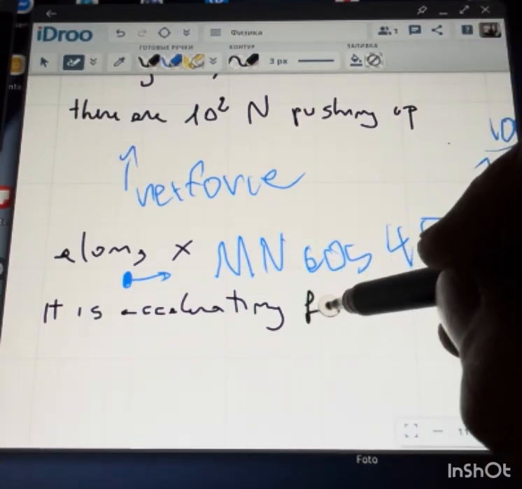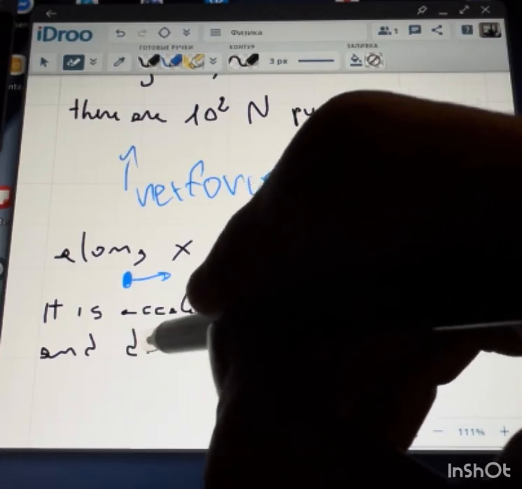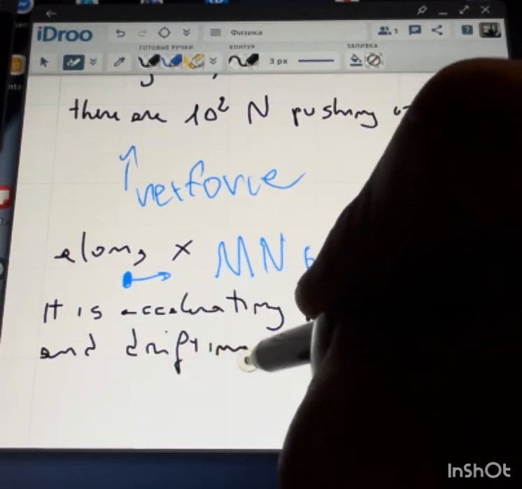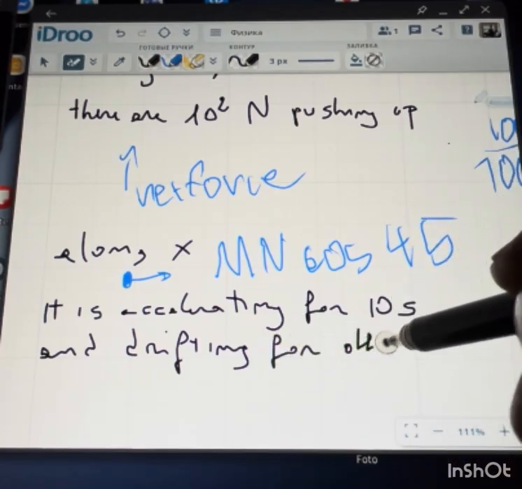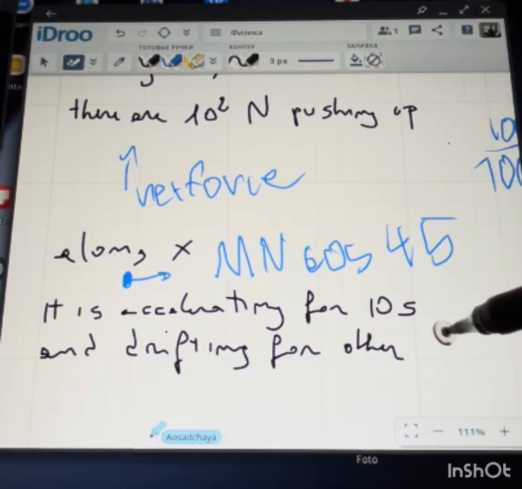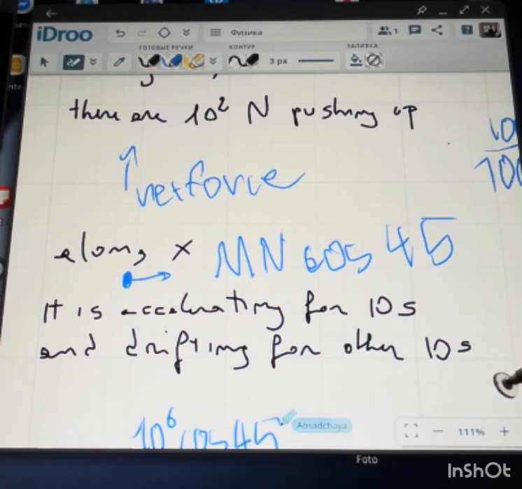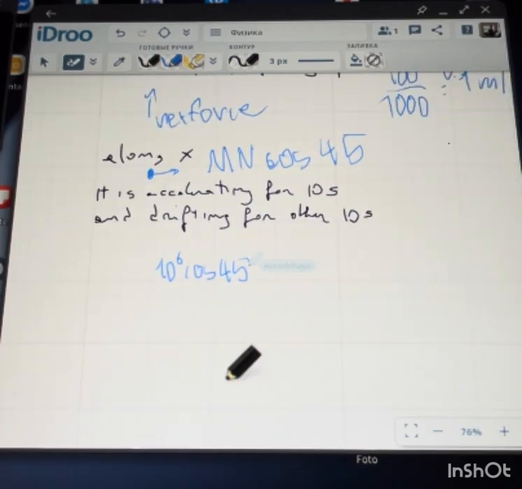So that would be mn, and mn is 10 to the 6th cosine 45. Let me figure that out. It's square root of 2 divided by 2, which is 0.766, something like that.